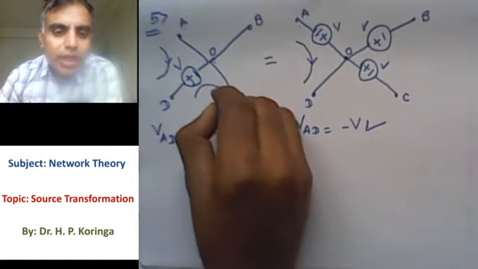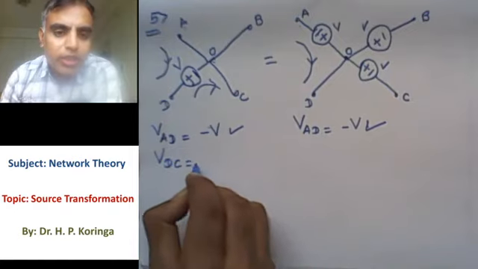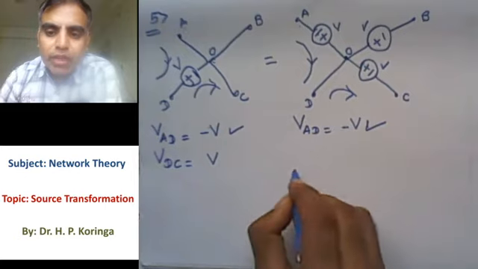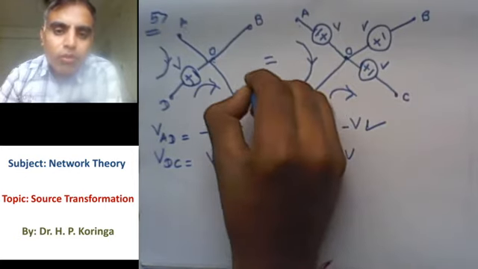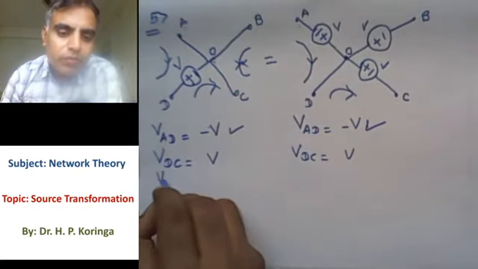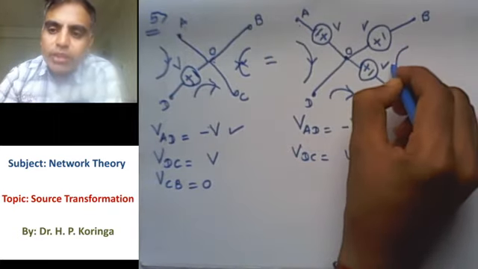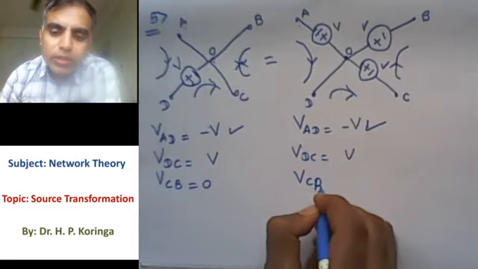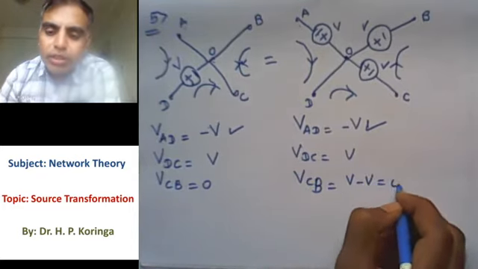In the same way, in this branch, the voltage between D and C is plus V. Here also we get the voltage between D and C as plus V volt. If we find the voltage between C and B, it is 0. Here also, one voltage is plus V and another is minus V, so it is equal to 0.